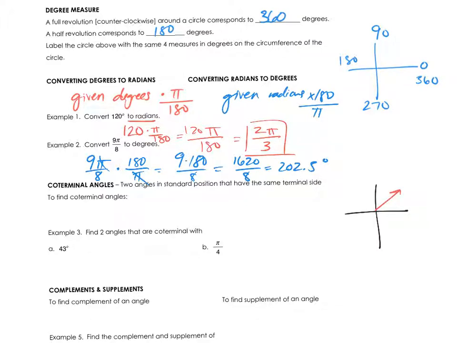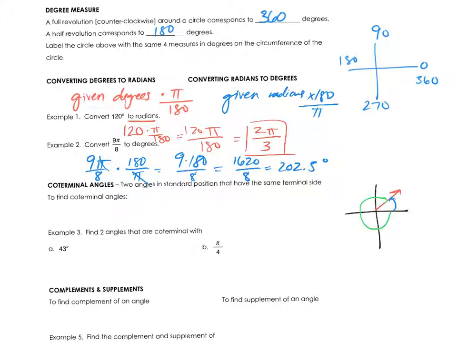Coterminal angles are two angles in standard position, shown here with this red arrow, that have the same terminal side. So that means I could have a positive angle where I go counterclockwise from my 0 position, or I could go clockwise and I can get to the same one and I would have a negative angle.